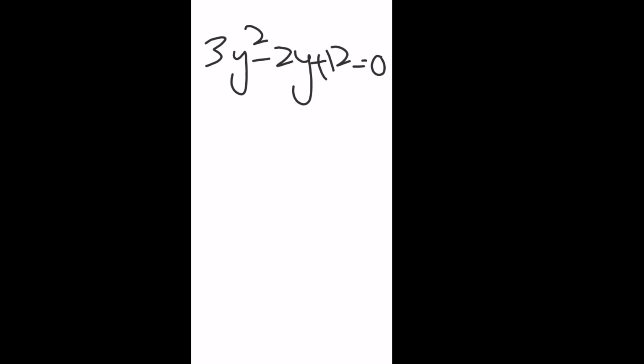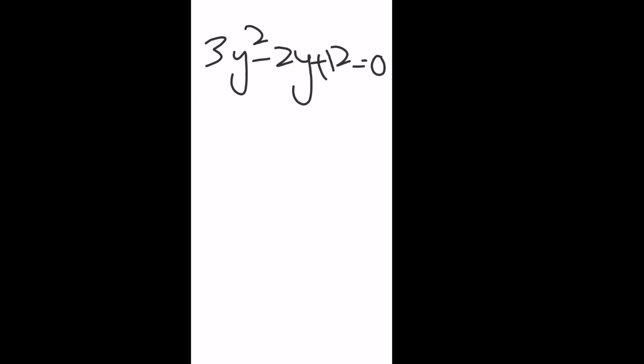The first method is factorizing: breaking the three terms down into two groups, and you get the answer in factors. And if you can't break them out or make the groups, you simply go for the formula. You put all the values in the formula and you get the answer.